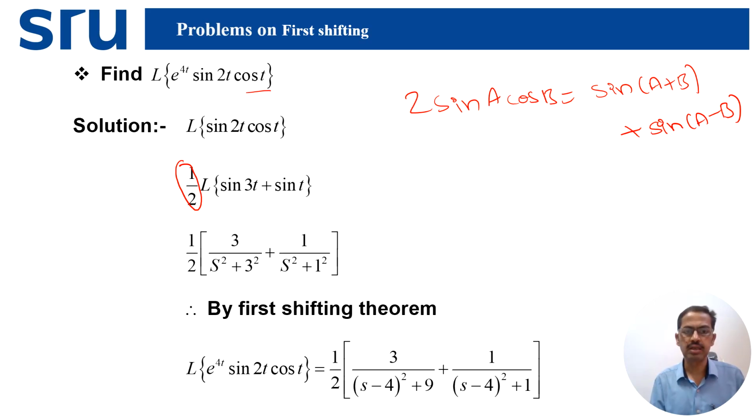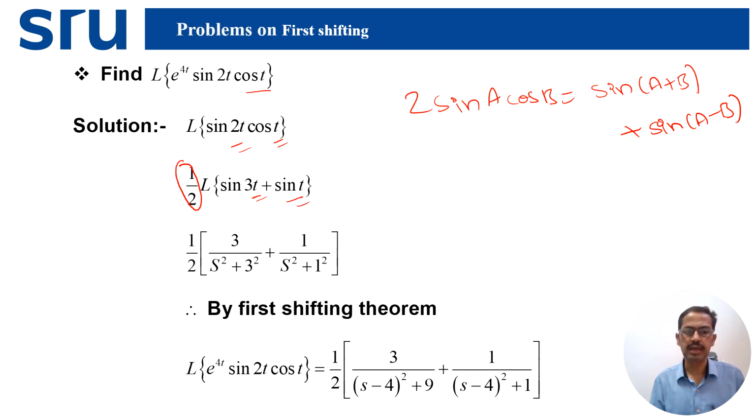So A is 2t and B is t. 2t plus t is 3t, A plus B, and 2t minus t is sin t.